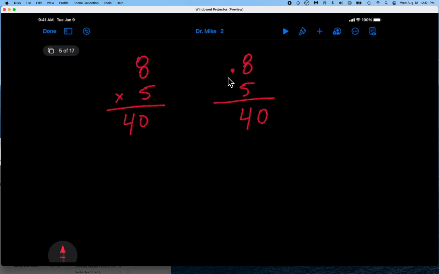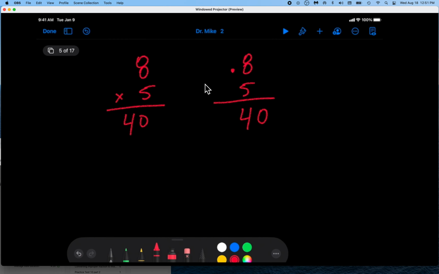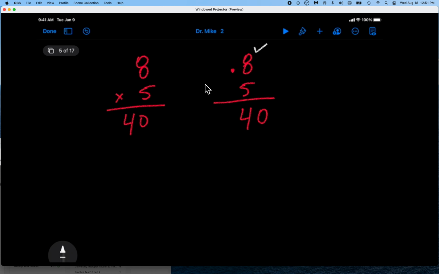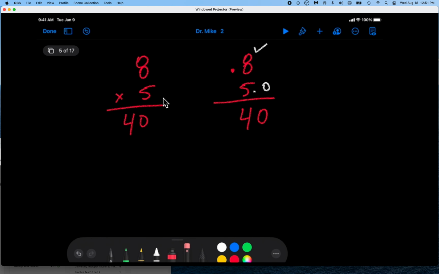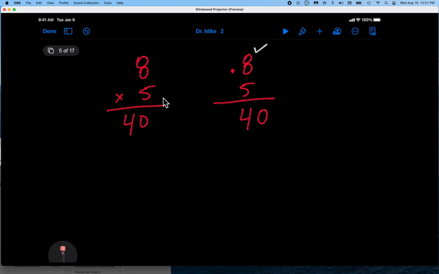What we do is we look at the entire problem and we say, okay, how many digits are to the right of the decimal place total? And we put a check mark. 1. There is no decimal place here. Or if there was, let's say this is 5.0, you can ignore this, as long as that's a 0 after the decimal place.